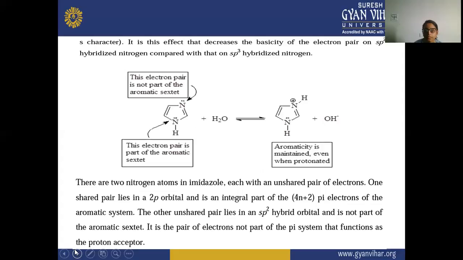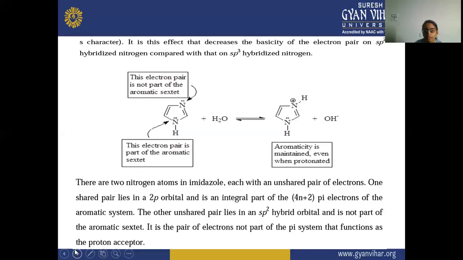And this is the structure of imidazole. In this imidazole, there are two nitrogen atoms, and both have a lone pair. Each nitrogen has an unshared pair of electrons.